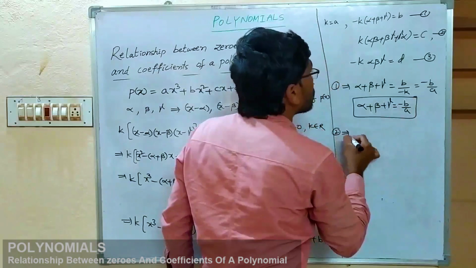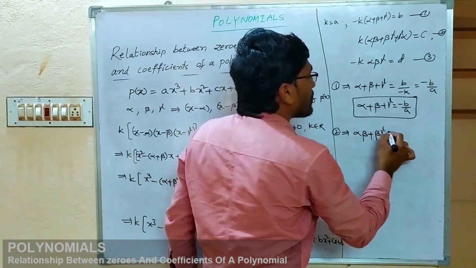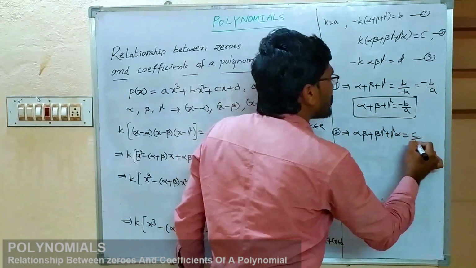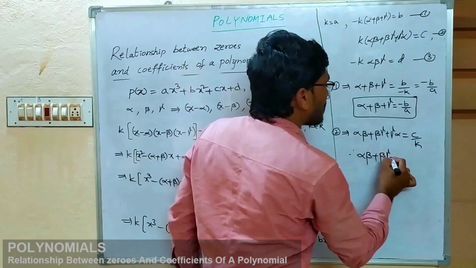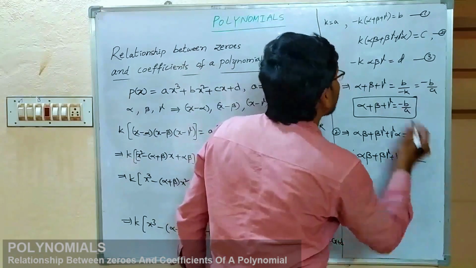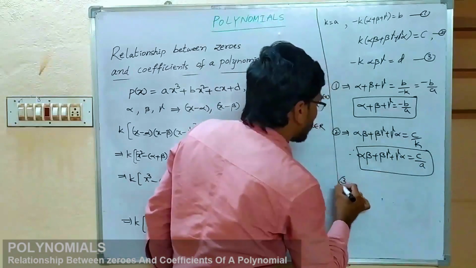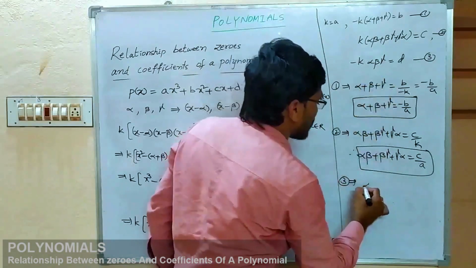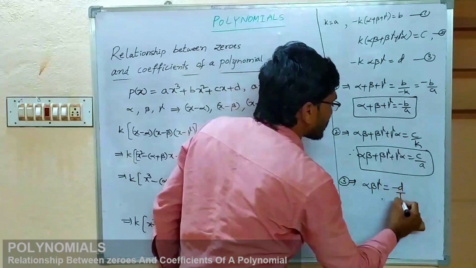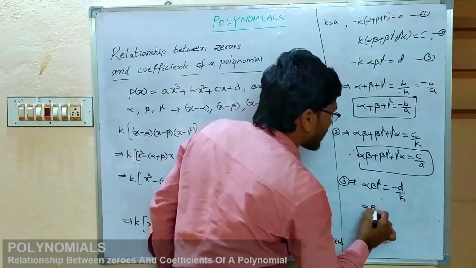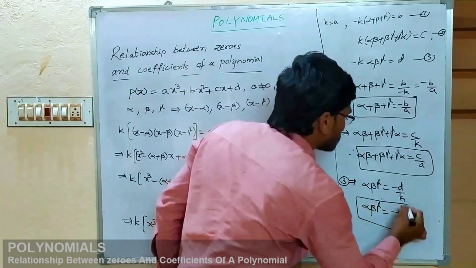And from 2 we can get alpha beta plus beta gamma plus gamma alpha is equal to c by k, which is c by a. This is the second one. And from the third, alpha beta gamma is equal to minus d by k, so alpha beta gamma is equal to minus d by a, k being nothing but a.